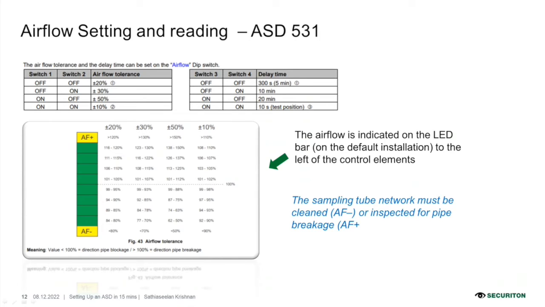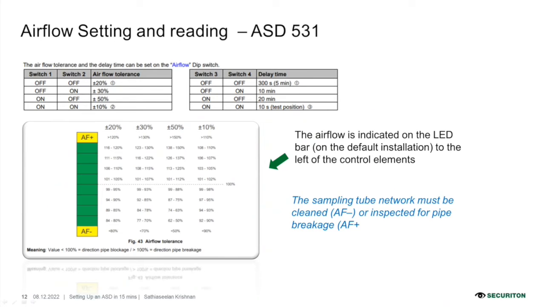So if your local standards and code say you can go with more tolerance, which means if 3 or 4 holes are blocked, I still can work with the ASD and there should not be any problems, then you can set it at 30% or 50%. But bear in mind, it does violate EN54, but the function is available.